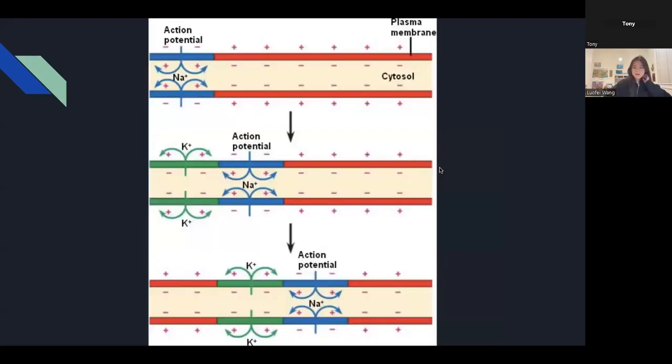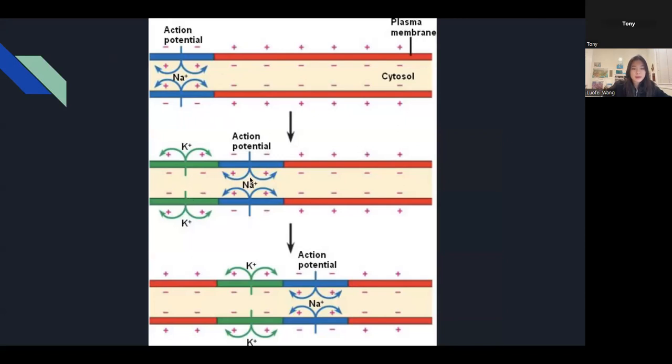Okay, so this is the mechanism of propagation of the action potential. So first the sodium comes in, and then these charges inside and outside of the cell will interact, so that the positive and negative charge will interact, and then the positive charge will start to move along the cytosol.